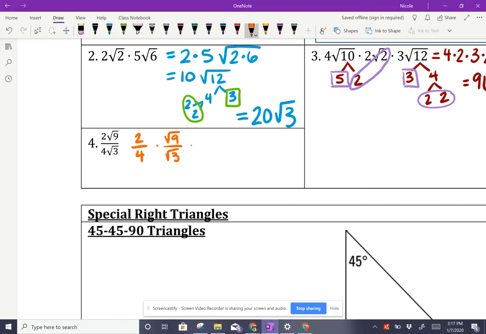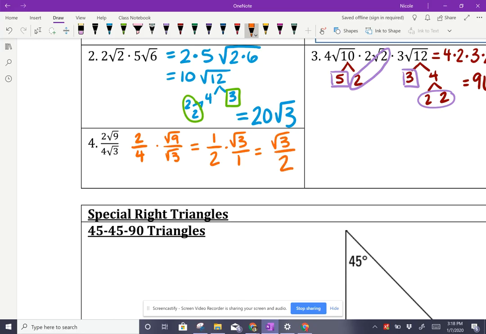Now, 2 divided by 4 can simplify to 1 over 2. 9 divided by 3 gives us 3 on top over 1. So this just turns into the square root of 3 over 2.